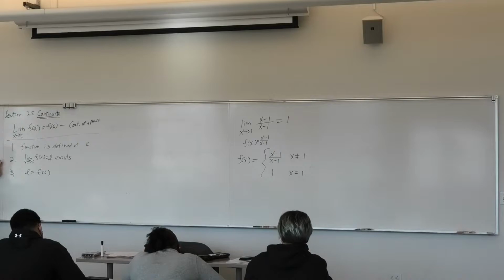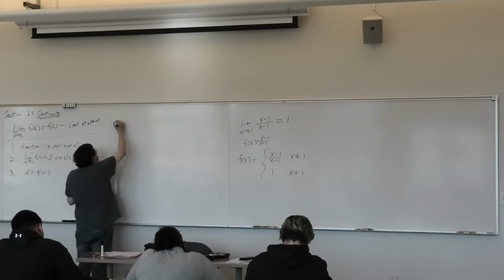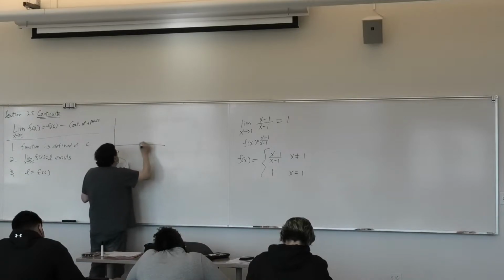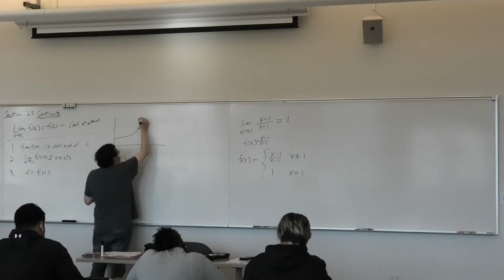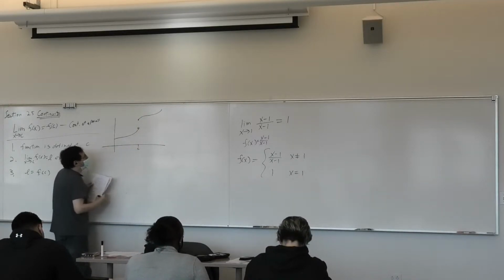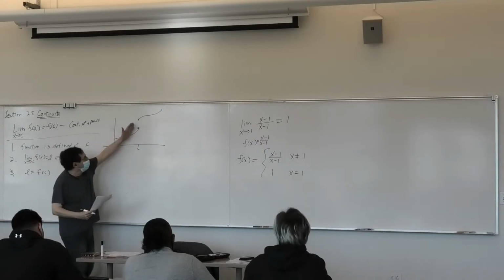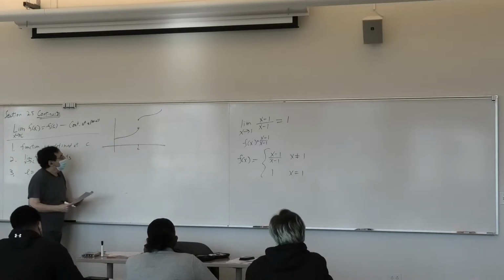Okay, so what can that look like? We could have a function that kind of looks like this. You have some point C here where we're coming along, and all of a sudden it jumps to some other value.